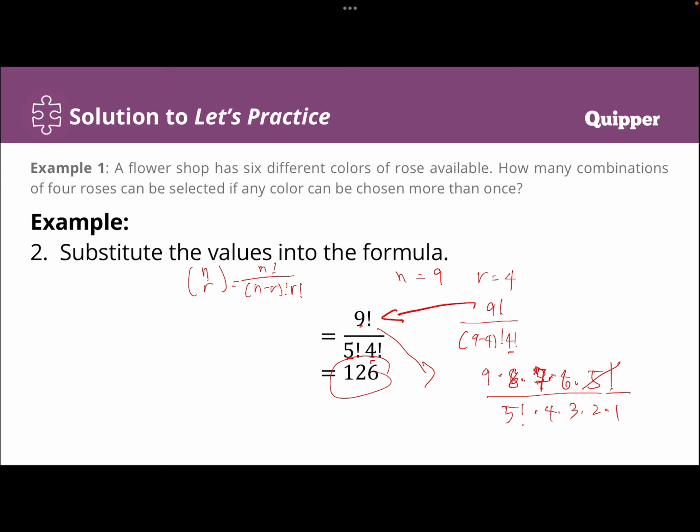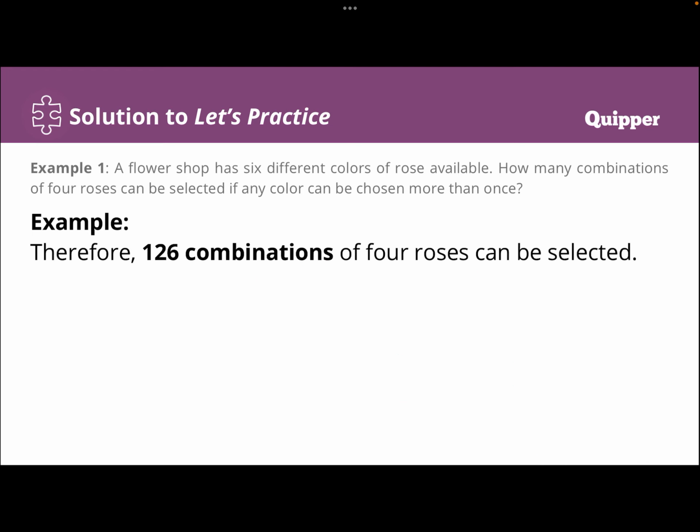So, ang pwede natin i-cancel is the 5 factorial. So, if you're going to multiply 9 times 8 times 7 times 6 all over 4 times 3 times 2 times 1, yung magiging product niyan, you will divide. The answer is 126. So, therefore, there are 126 combinations of 4 roses that can be selected.